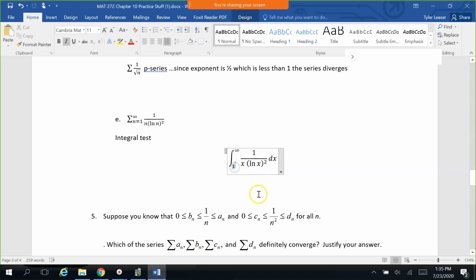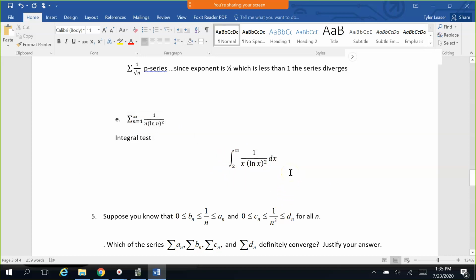You can fix that by just starting at a different location. Instead of starting at 1, start at 2 instead. It doesn't really matter where you start as long as you're starting at just a number and going to infinity. So I can't actually start at 1 because there's an asymptote there at 1. So I'm going to start at 2.